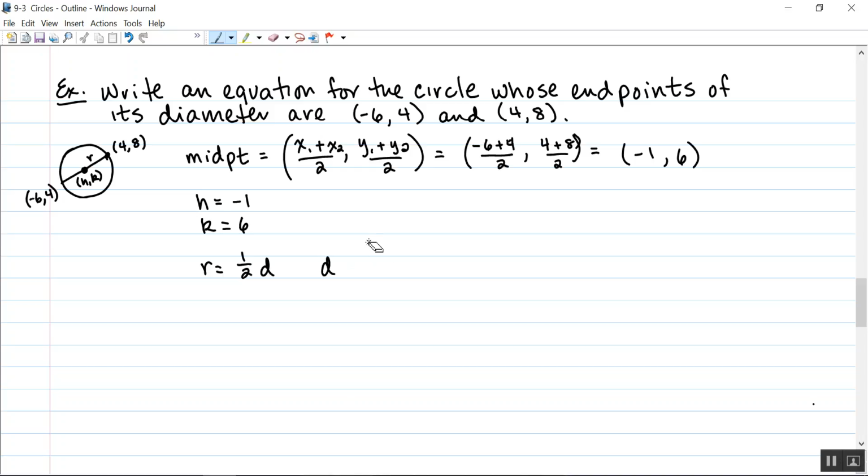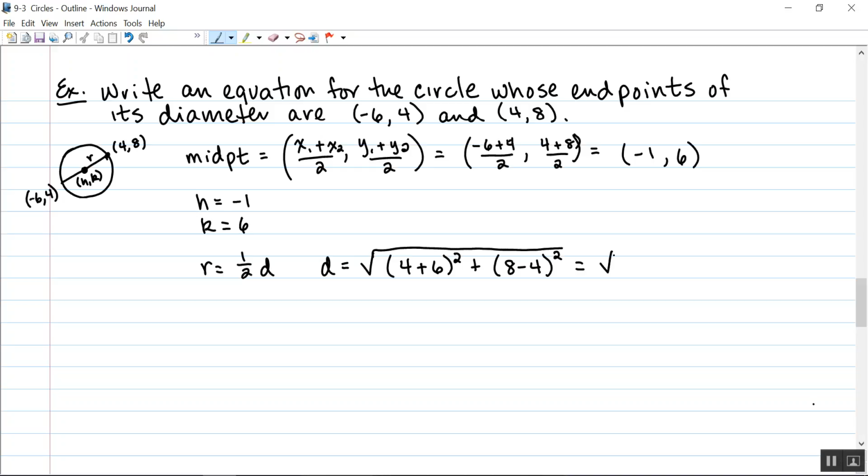So the diameter equals the square root of, and it doesn't matter the order you go in, x2 minus x1. I'll go backwards. So 4 minus a negative 6 squared plus 8 minus 4 squared, and I need the square root of that.